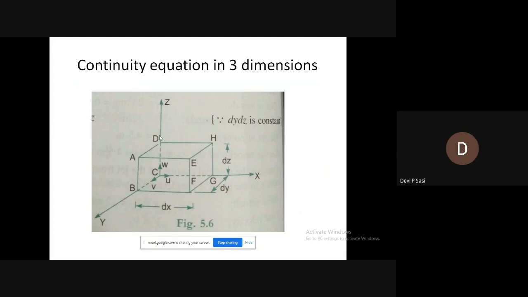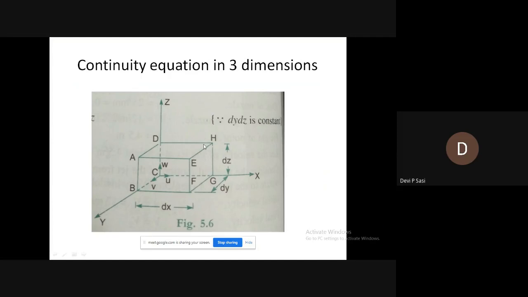Now, you are considering a fluid element. All of you listen very carefully. This is a tough portion, but it's very important. So, you are considering a fluid element of length dx, dy and dz.